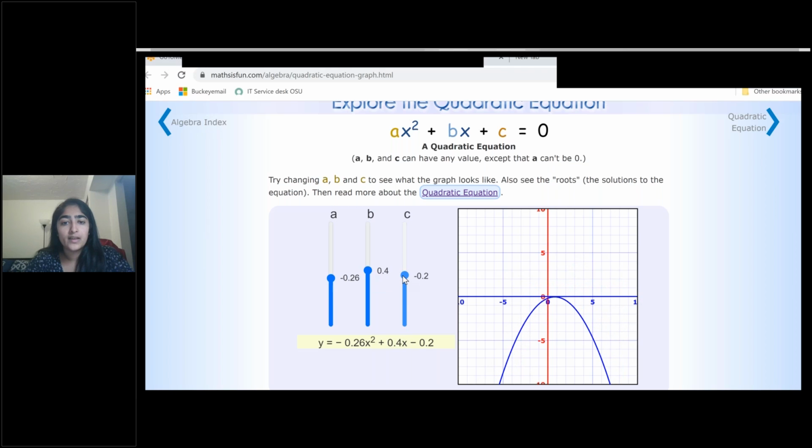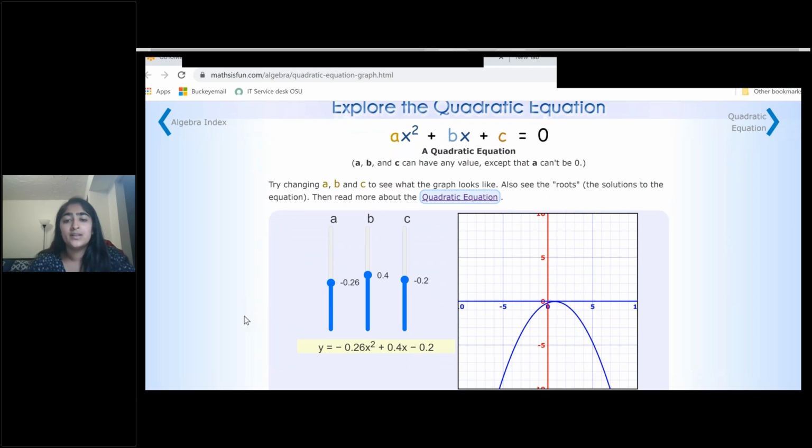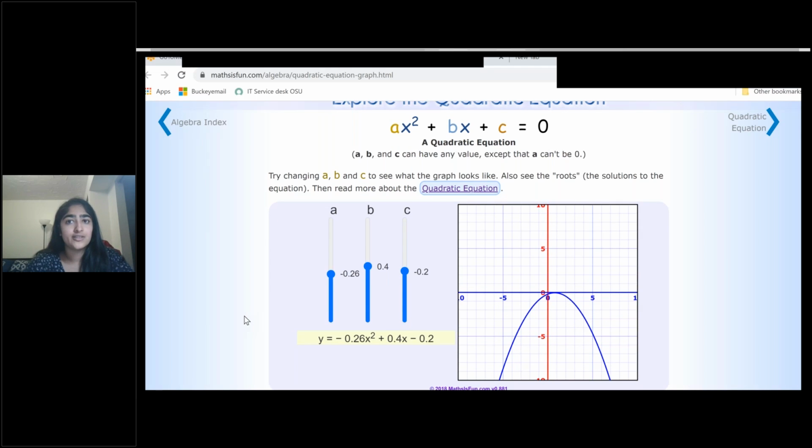As you can see, if I change c here, I can change to having only the vertex passing through the x-axis, where I have one real solution. So this is just to give you an idea of how these quadratic equations look in terms of their graphs.